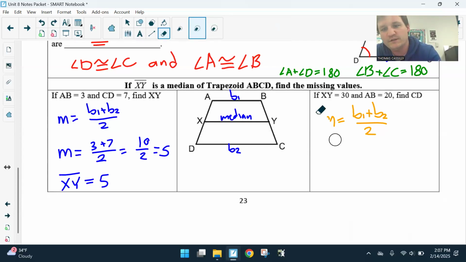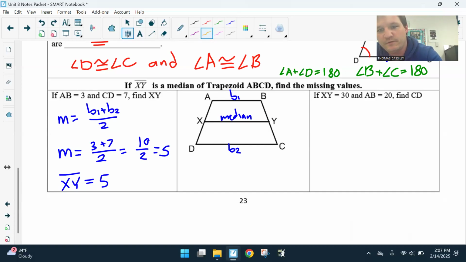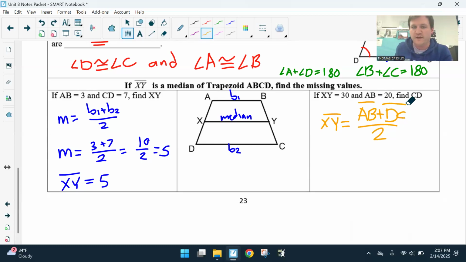If I wanted to be a little bit more strict, I could say XY equals AB plus DC divided by 2. All right, so that's what our formula looks like if I were to plug in all of the segments. In doing so, I get 30.